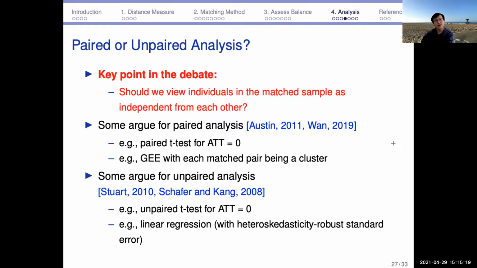So there are these debates in the literature, and I don't really know who is right. So what I can do is present these to you, and when you're using the method, you can look into it to know more about it.